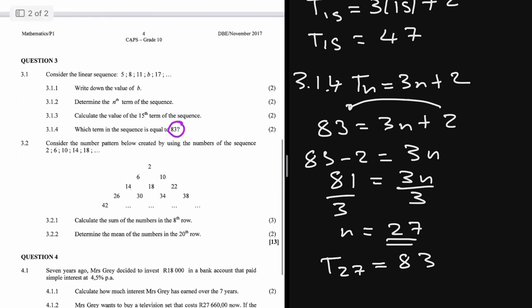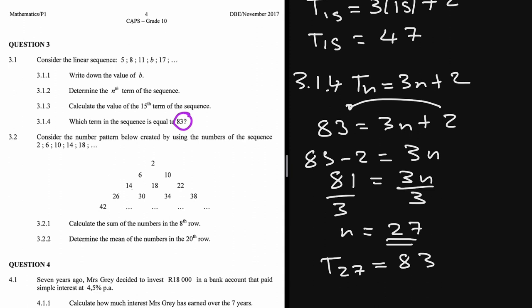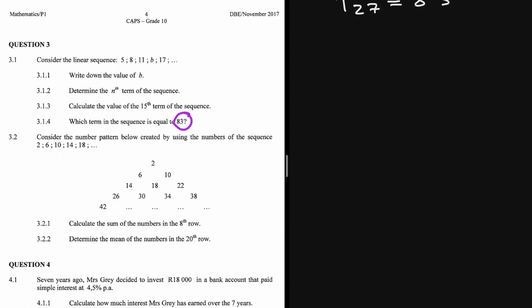So now if we move on to 3.2. Question 3.2 says, consider the pattern below created by using a number sequence, which is 2, 6, 10, 14, 18, moving on like that.